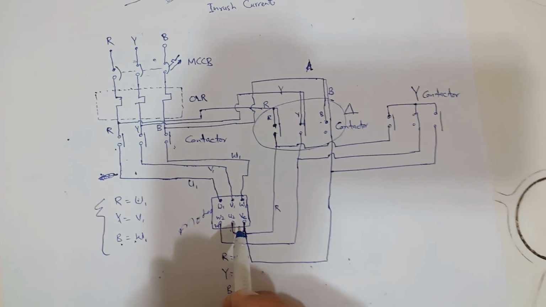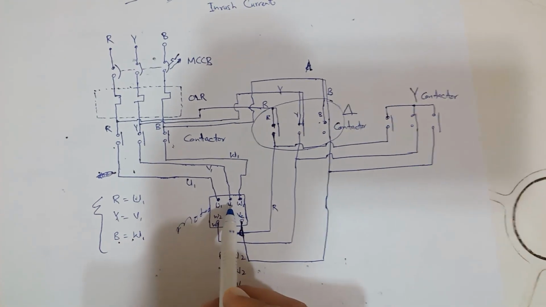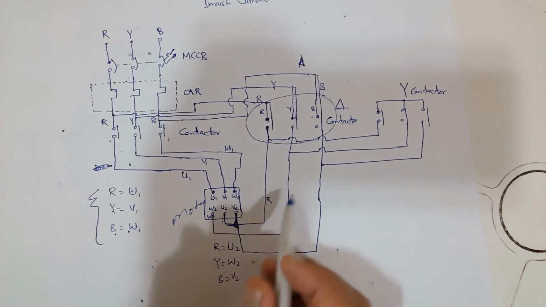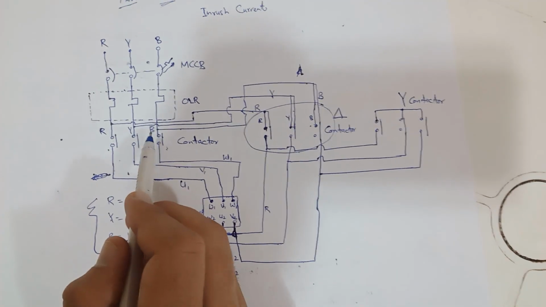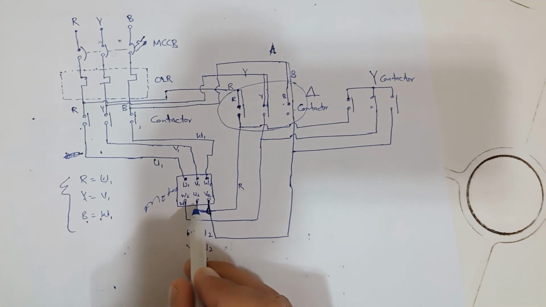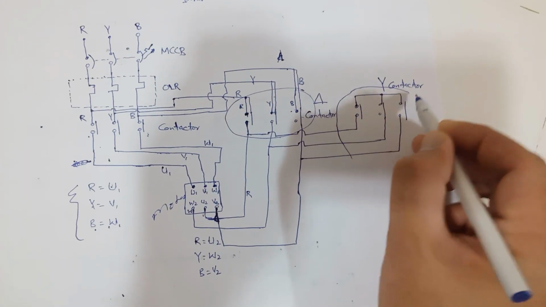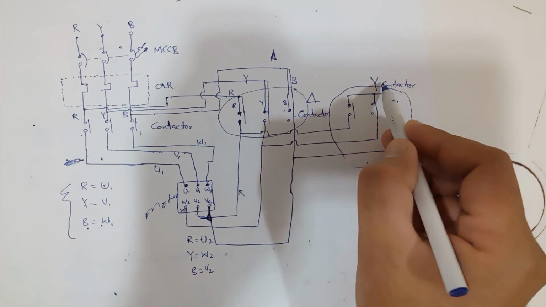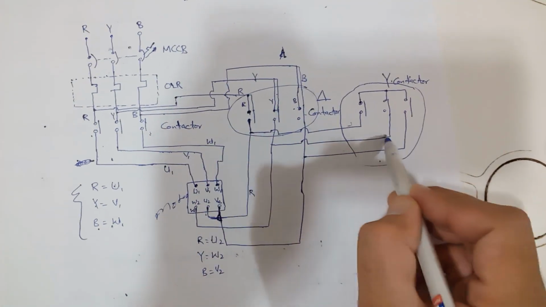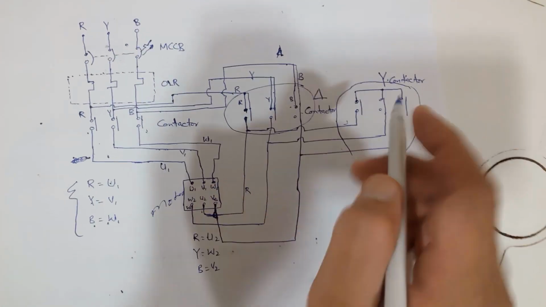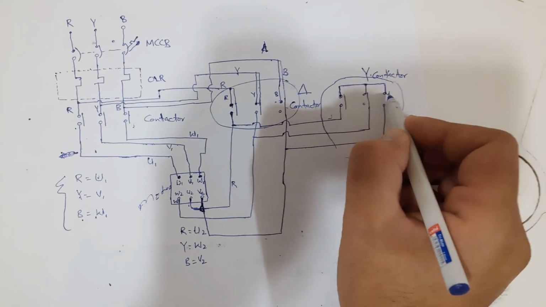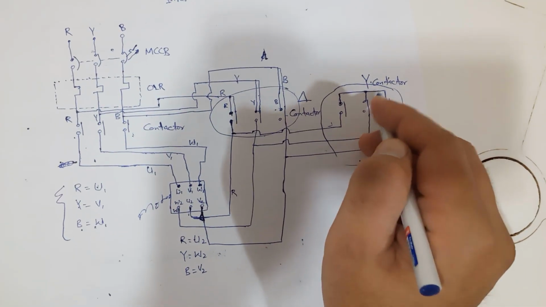Yellow is connected to V1, so yellow will connect to W2. Blue is connected to W1, so blue will connect with V2. At the end we install another contactor, the star contactor. For the star contactor we also take red, yellow, blue from this connection and connect them directly with each other on the other side, so it becomes common.